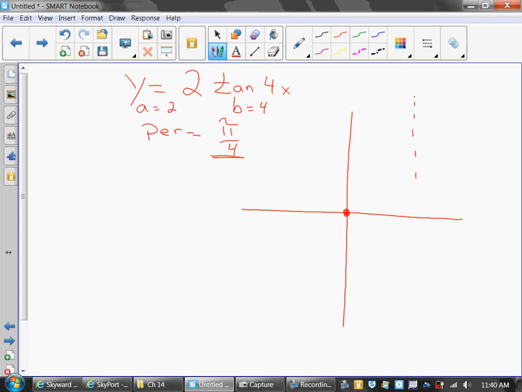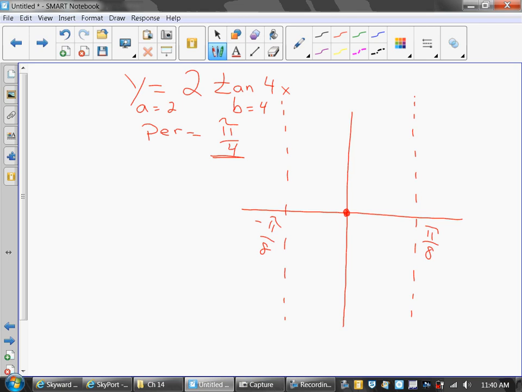So if I go out here and out here, if this is negative pi over 8, and this is positive pi over 8, what's the distance between those two? It's pi over 4. That's where I come up with the asymptotes. Notice, all I did is I took the period and I multiplied it by a half. That gives me my asymptotes.